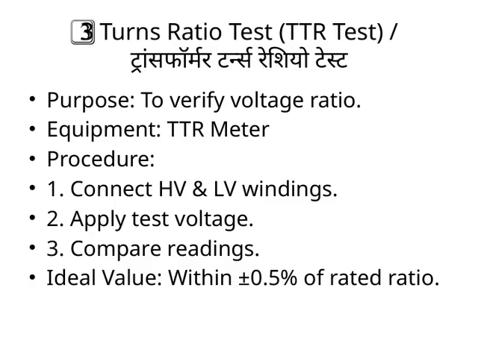First, we connect both the high voltage and low voltage windings to the meter. Next, we apply the test voltage carefully, making sure not to exceed safe limits. Finally, we compare the readings we get from the meter to the rated ratio of the transformer. It's important to remember that the ideal value for this test is within plus or minus 0.5% of the rated ratio.